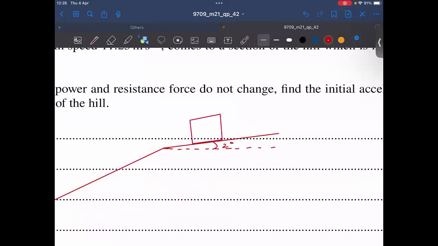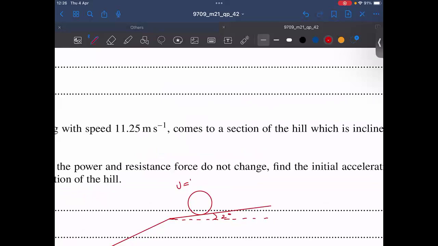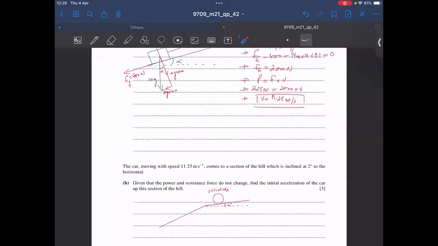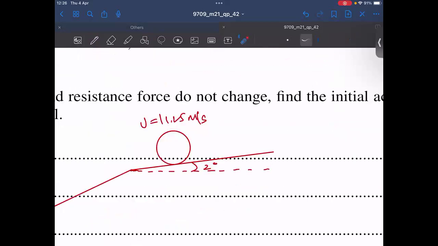At this point, the initial velocity is how much? 11.25 meter per second. Just as the car entered this section of hill, the speed was 11.25 meters per second.